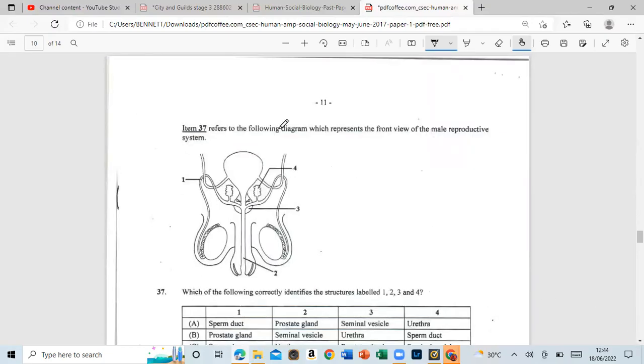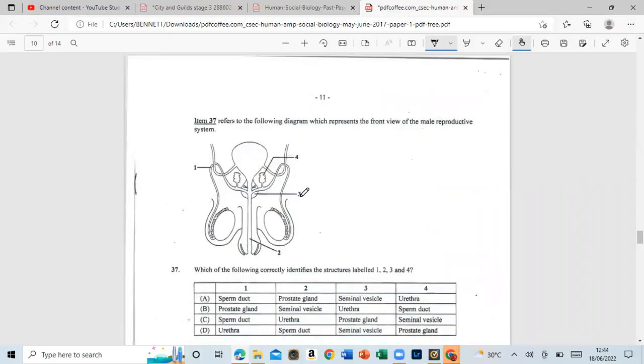37, I'm not sure. The following represent a view of the male reproductive system. Which of the following correctly identifies the labels 1, 2, and 3? All right, I think I should label them first, and then look at the options, because sometimes looking at this can be very, very confusing. So this is the sperm duct.